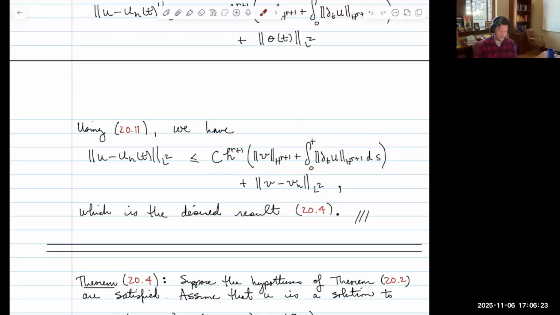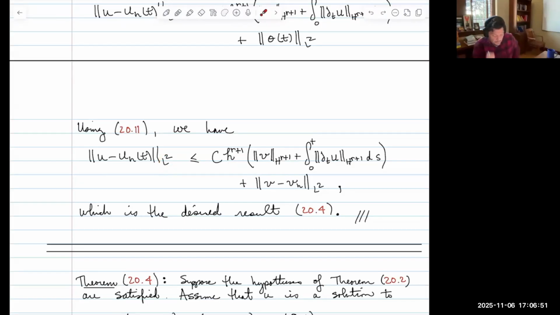What is this saying? This is saying that if I use my semi-discrete Galerkin approximation, then it's order r plus 1 in h if I measure the error in the L2 norm. So that's what we call optimal order. It's an optimal order error estimate: order r plus 1 in h when measured in the L2 norm.